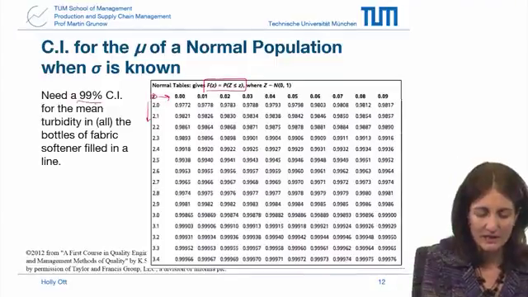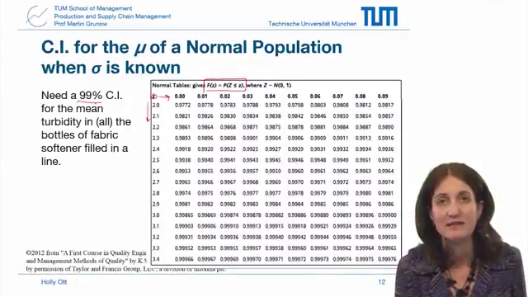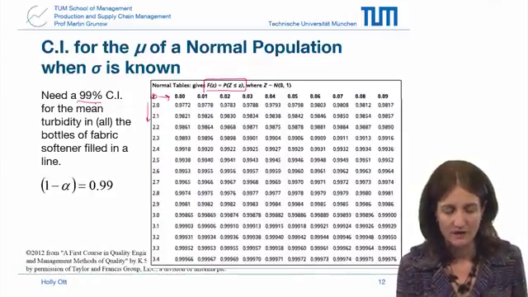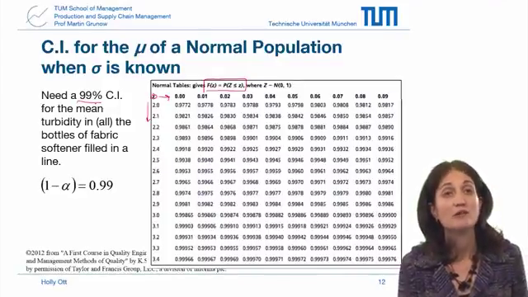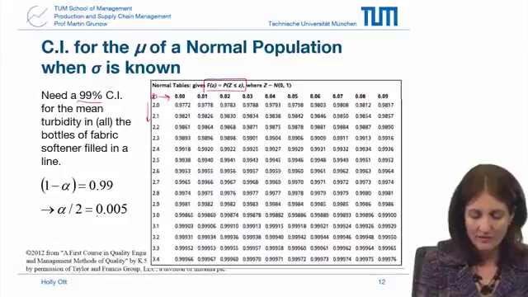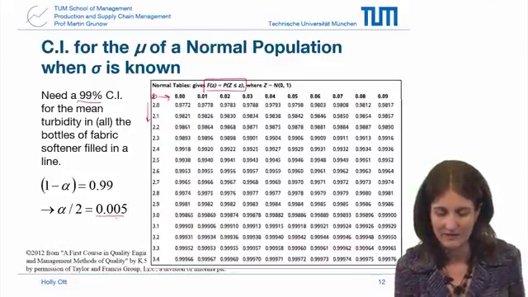So 1 minus alpha equals 0.99. This means alpha equals 1%, or alpha over 2 equals 0.5%, or 0.005.